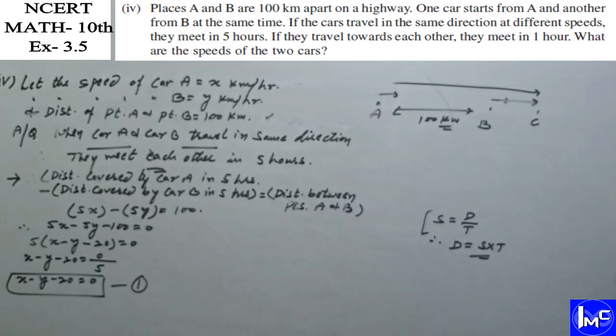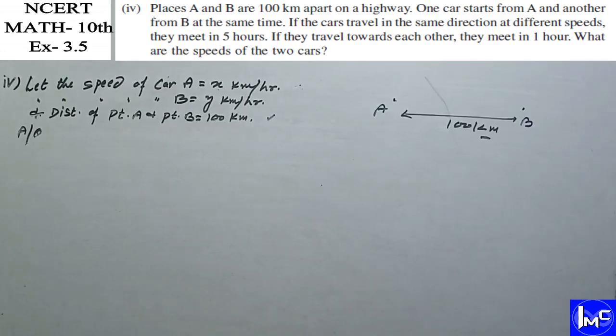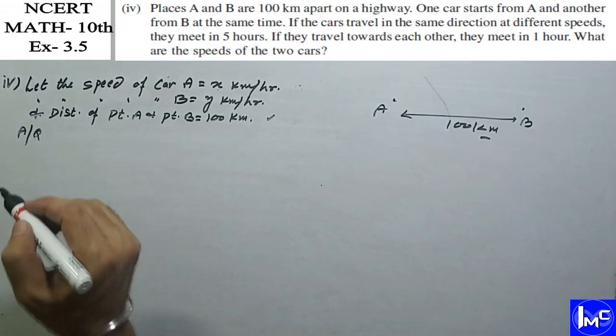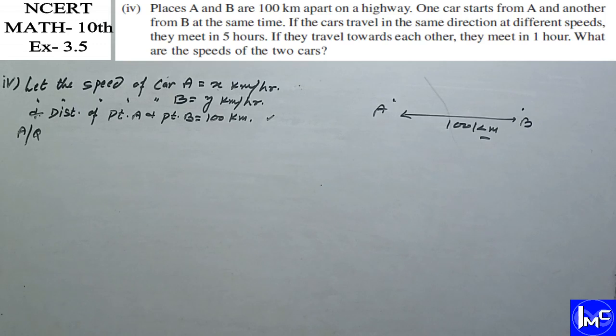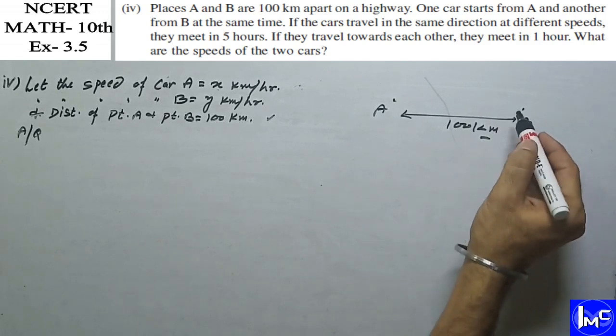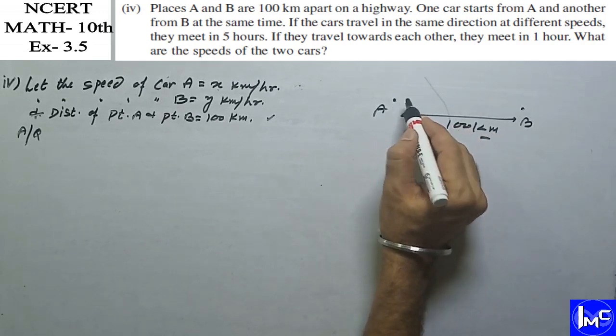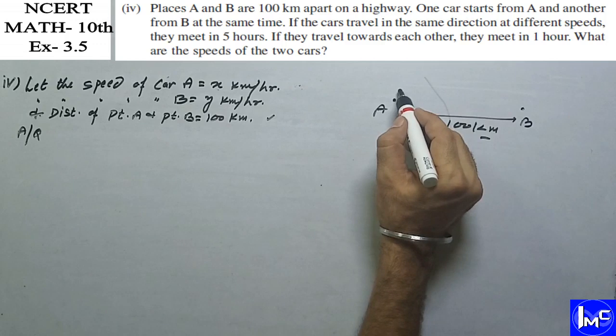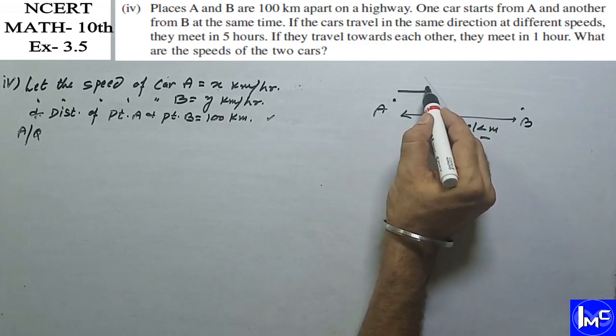Now we come to the second condition. The second condition states they meet in 1 hour if they travel towards each other. Now they are traveling towards each other, or we can say they are traveling in opposite directions.